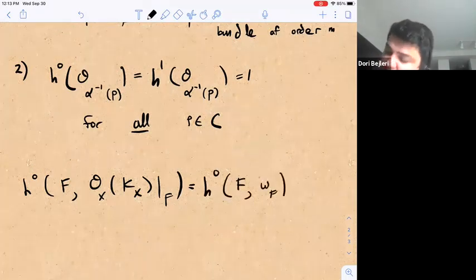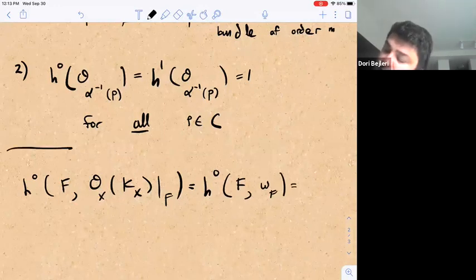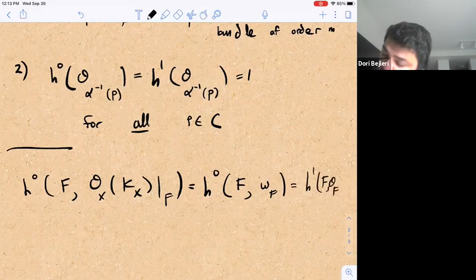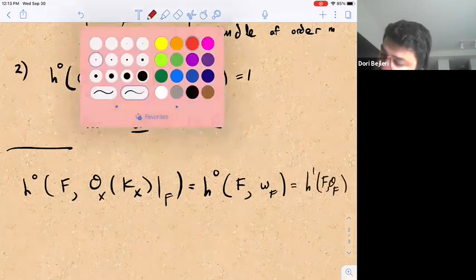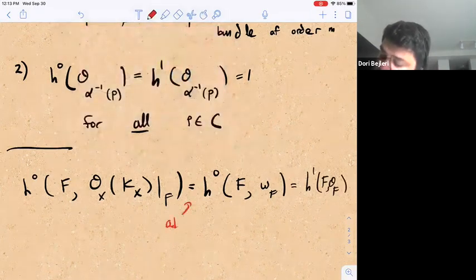And then by Serre duality, this is H1 of F, O_F. So here, this is adjunction.